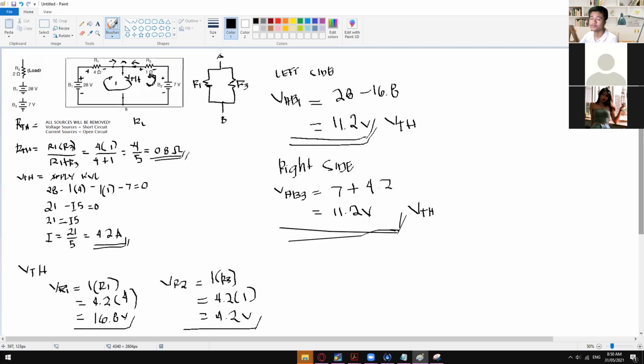We transform this one into this one, and as you can see, Mr. Janelle Agustin, we have here a parallel connection of your R1 and R3. That is why we have this formula right here. So 4 divided by 5 is equal to 0.8 ohm.